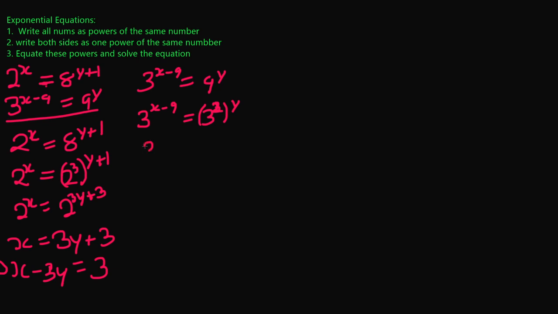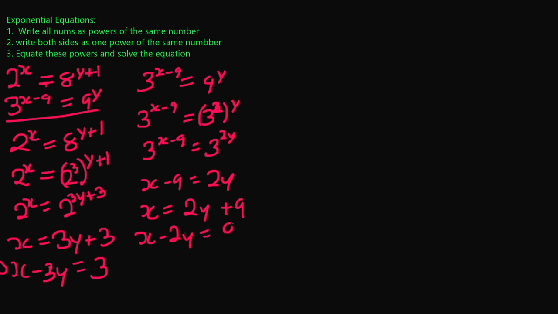So you have 3 to the power of x minus 9 is equal to 3 to the power of 2y, and then we equate the powers, so we bring them down. So x minus 9 is equal to 2y, x is equal to 2y plus 9, and then we'll bring the y over, so we have x minus 2y is equal to 9. So this will be the second part. This will be 2. I'll just write a little 2 there.